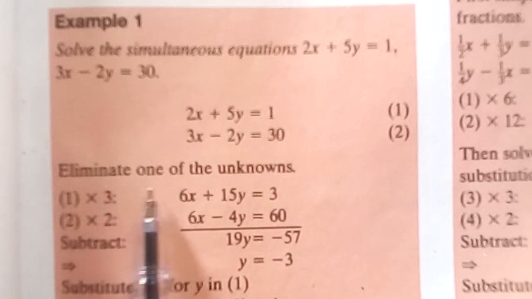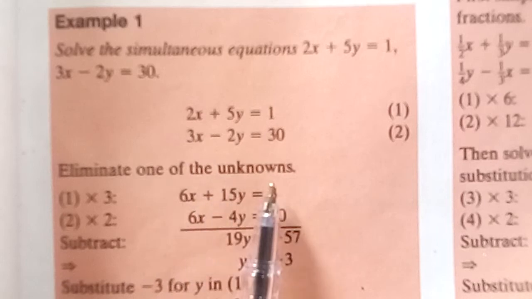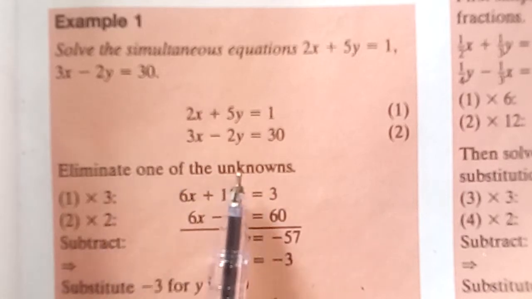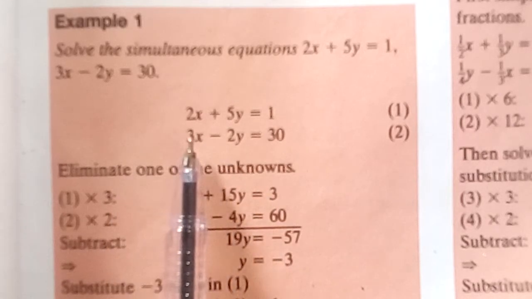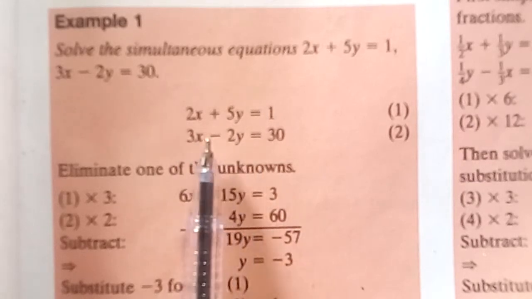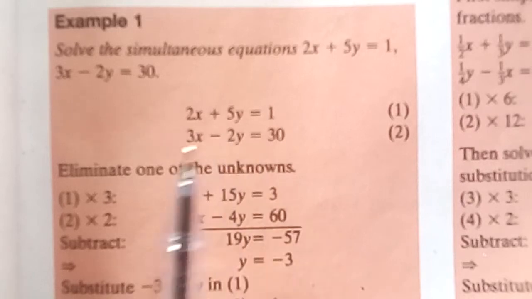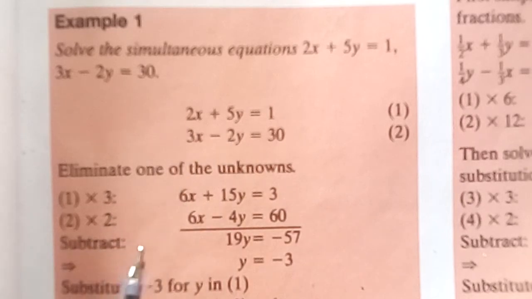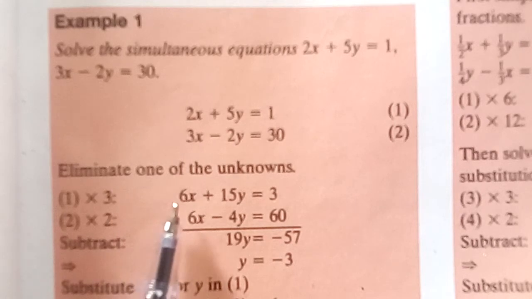So we eliminate one of the unknowns. Don't forget that the unknowns here are x and y. So we want to look for a way to eliminate either x or y. To eliminate one of the unknowns, you have to make the coefficient of one of the unknowns equal. Look for a way to make the coefficient the same.